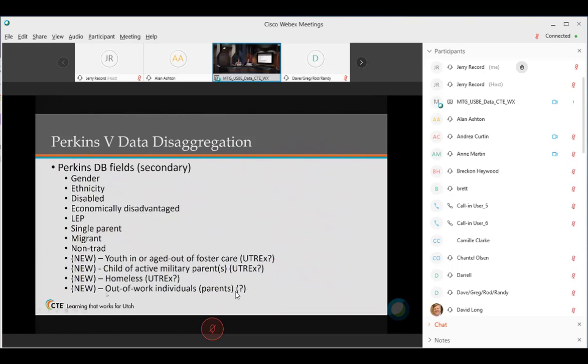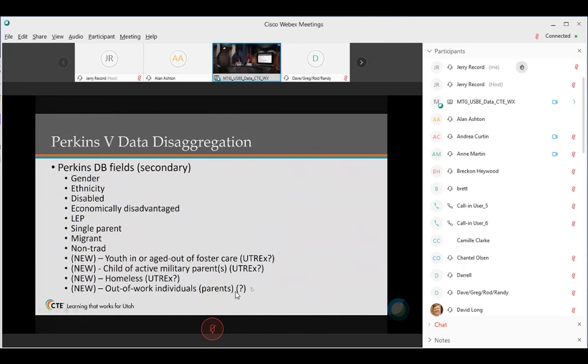Lynn Sorensen in Duchesne is asking how would we collect the last field, the out-of-work individuals. I'm not really sure at this point. If we go to DC and they tell us, we'll come back and give you that information. I don't know if you would do this upon registration or how you would know.